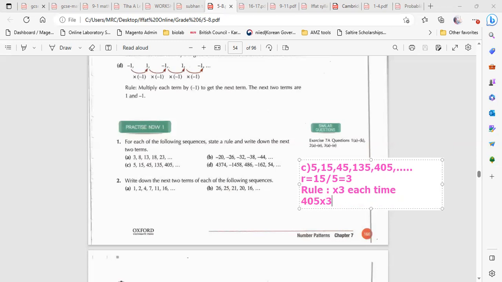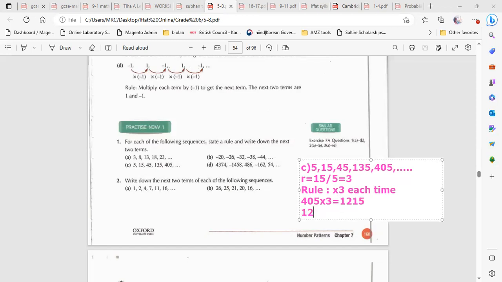What is the answer? 405 multiplied by 3 is 1215.